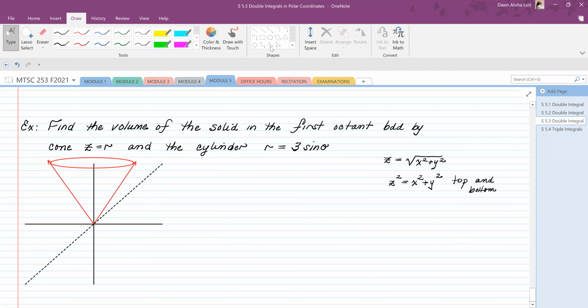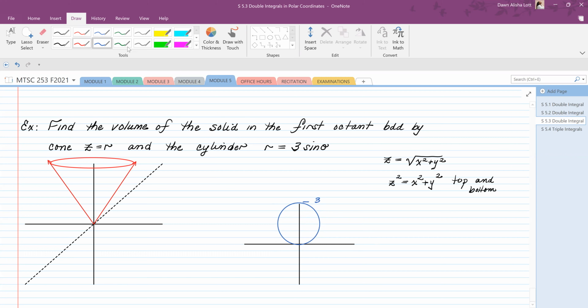Well, that's a circle that looks like this. This height is 3.